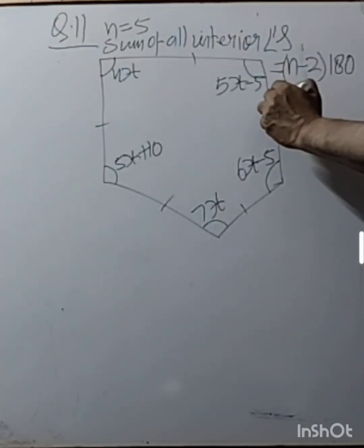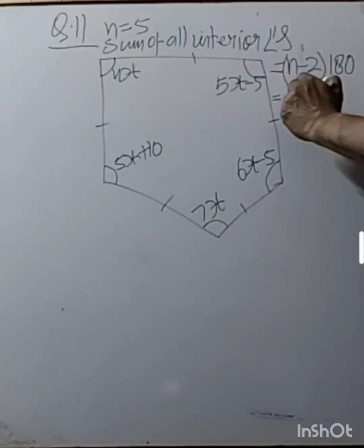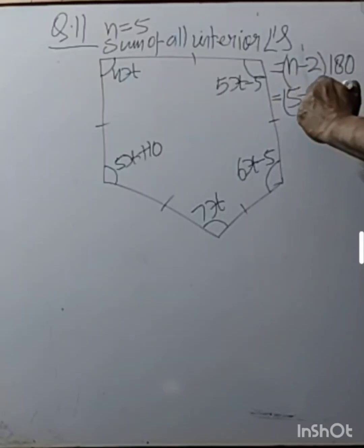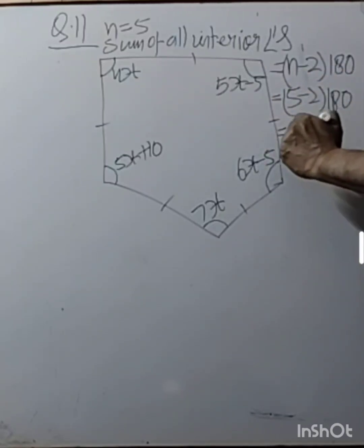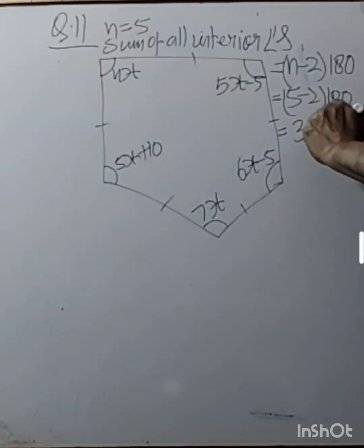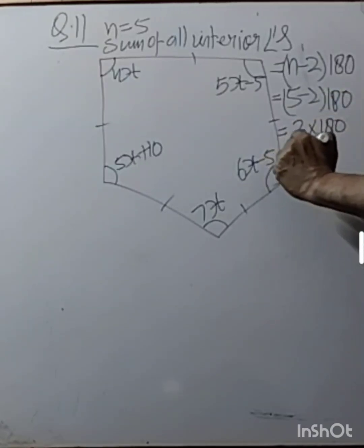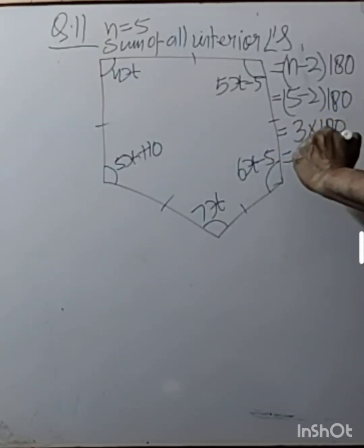There are 5 minus 2 into 180, so it becomes 3 into 180, so it becomes 540, right?